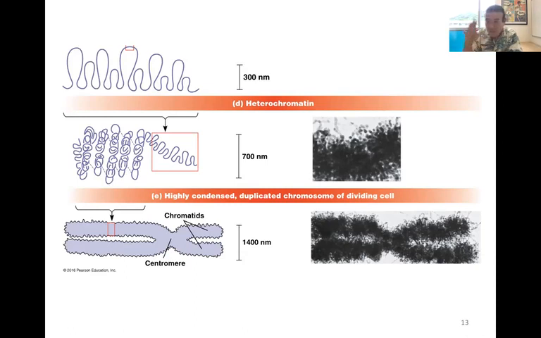Most of the time, they are not condensed like that. They are a mix of loose strands of heterochromatin mixed with strands of more relaxed loops. Okay. So we will talk about this further as we discuss the importance of chromatin organization in gene transcription or gene expression.